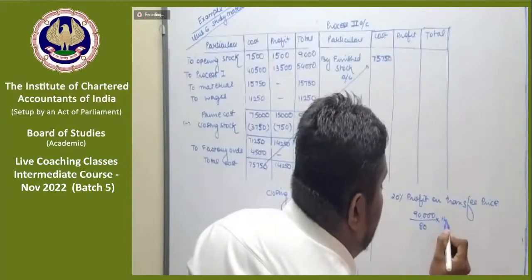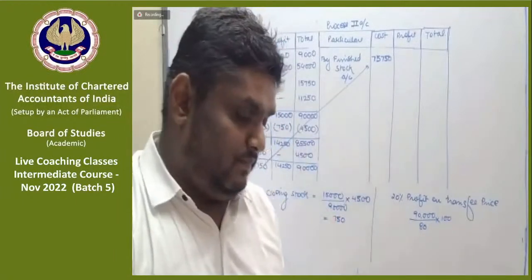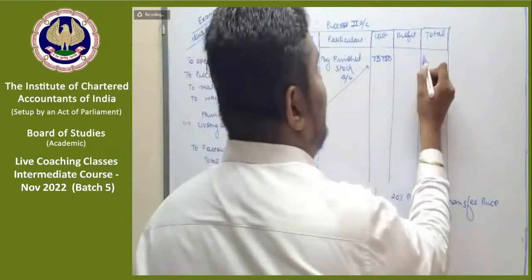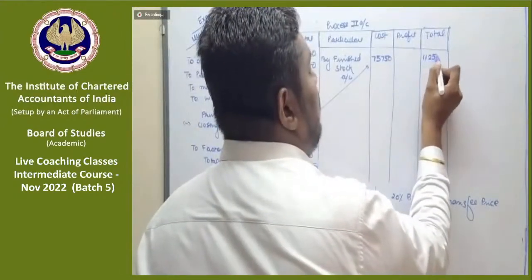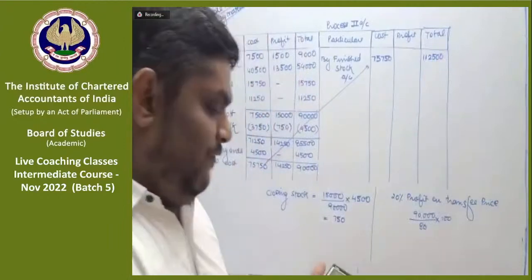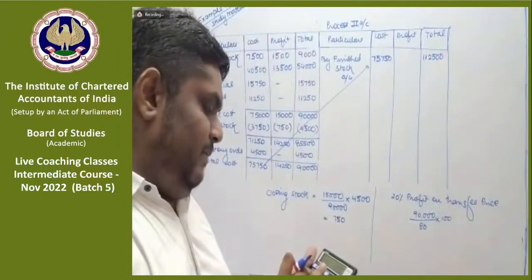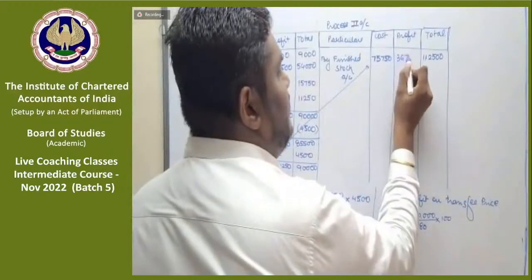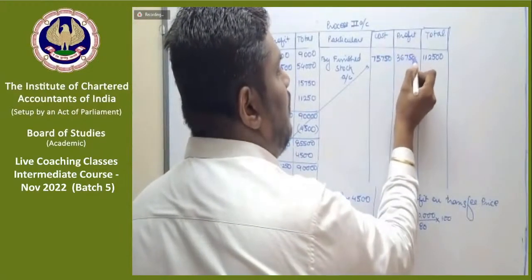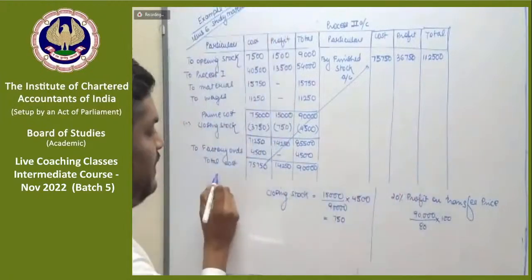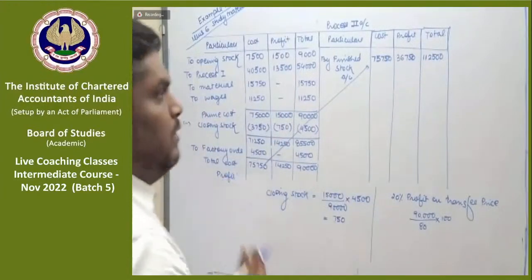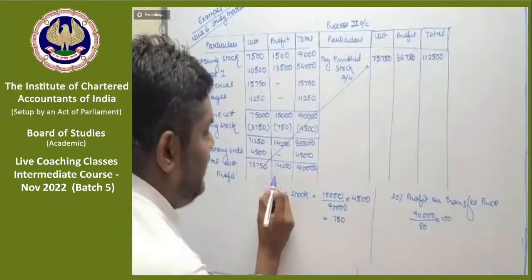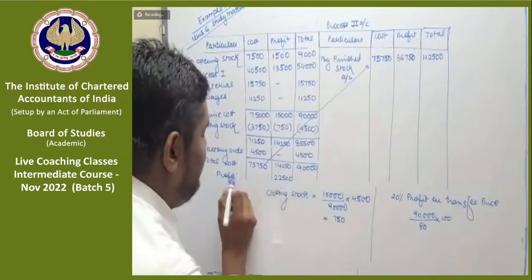So how much will be 100? 1,12,500. And the profit will be 1,12,500 minus 75,750, that is 36,750. So we'll calculate the profit also. 22,500, that is the balancing figure.